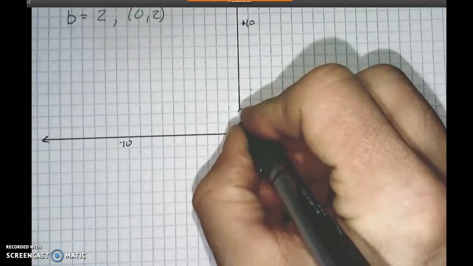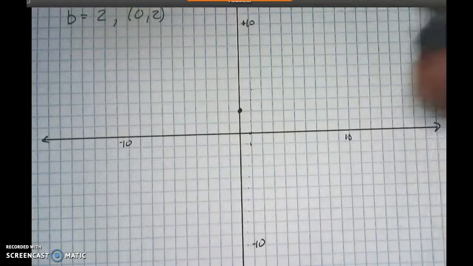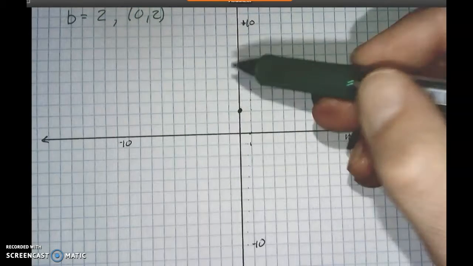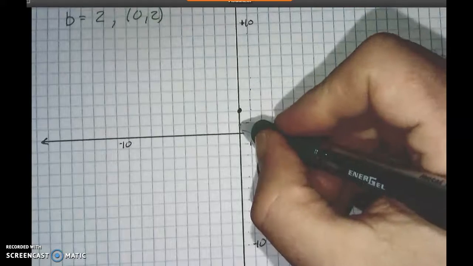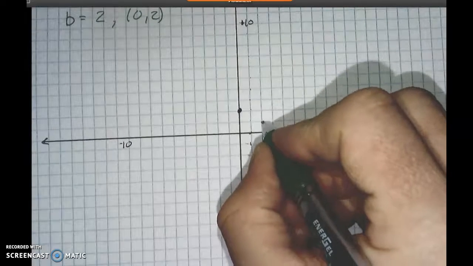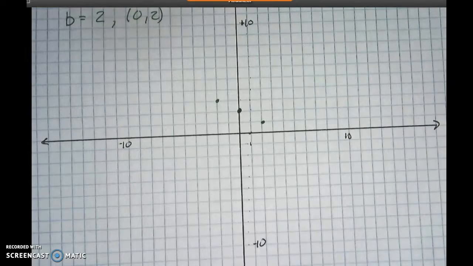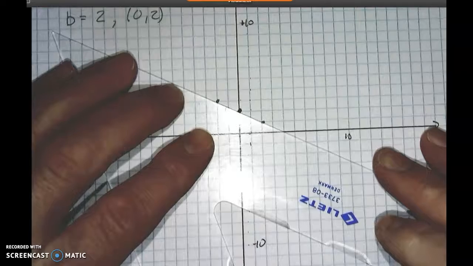So I know that at 0, 2, I'm going to put a point here at 0, 2, that's where my y-intercept is going to be, okay? My slope was negative 1 over 2, okay? So I'm going to go down 1 and right 2. I can also go up 1, left 2, all right? Once I've got those 3 points, I'm going to connect them.